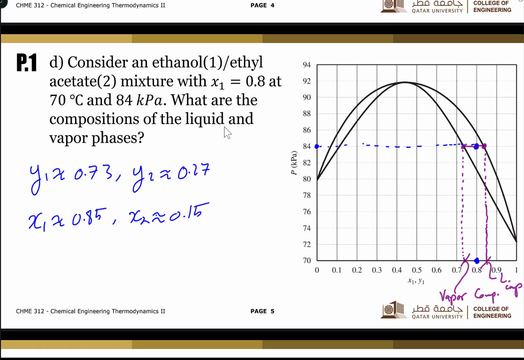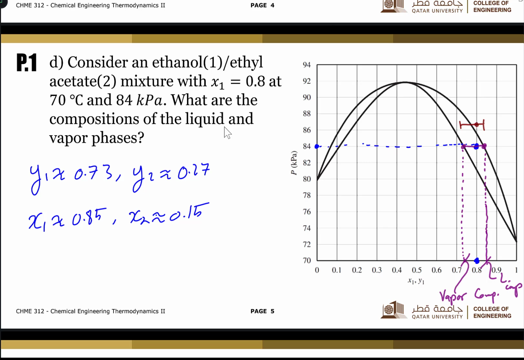Looking at this figure, do you think we have more liquid or more vapor? More liquid. Why? Right. So one way to know how much of each I have is measuring the length of this line and the distance to our dot.